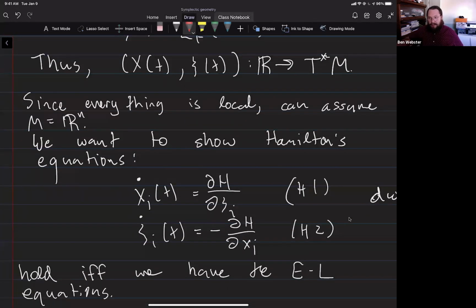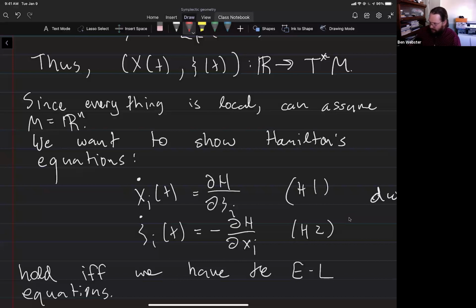If I'd had a different symplectic form, I would have had a different version of Hamilton's equations, right? So these being Hamilton's equations is equivalent to the symplectic form being the canonical symplectic form on the cotangent bundle, because it's exactly telling us the relationship between the differential dH and the Hamiltonian vector field.